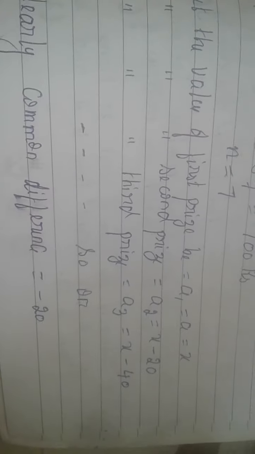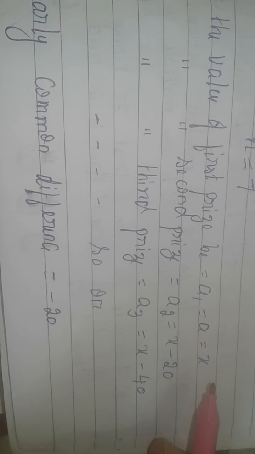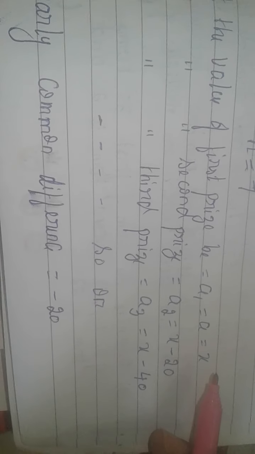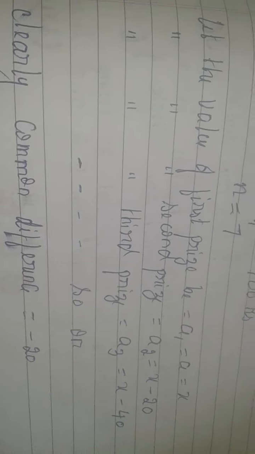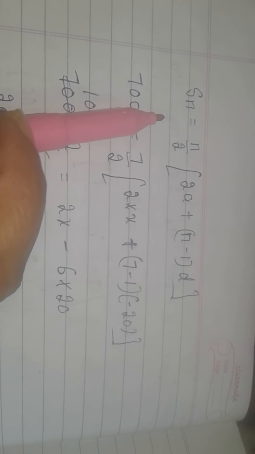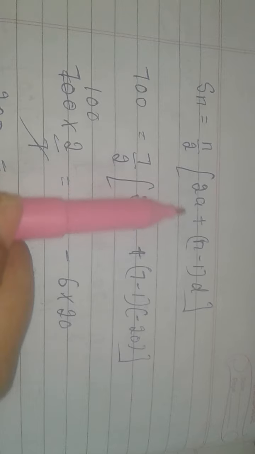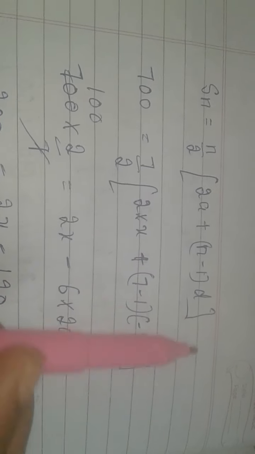And so on. So what will be the common difference, children? Minus 20. You can observe here a2 minus a1: x minus 20 minus x, x gets cancelled, so you get minus 20 as the common difference. Now let me take the Sn formula. Sn equals n by 2 into 2a plus n minus 1 into d.